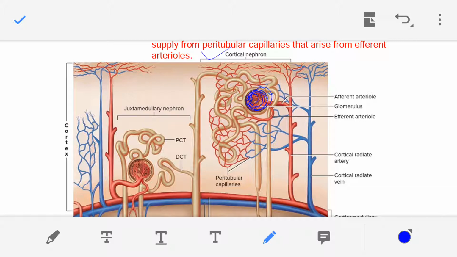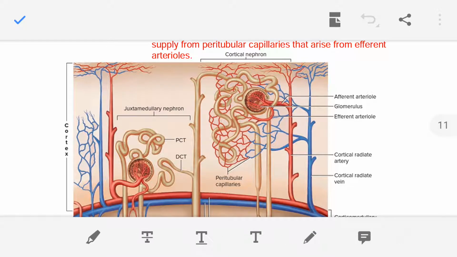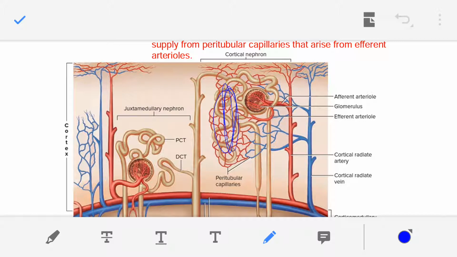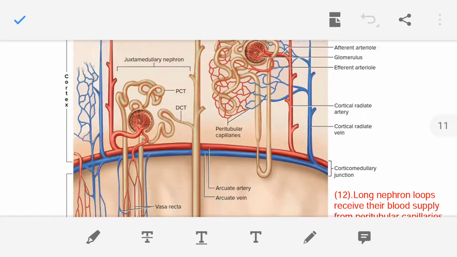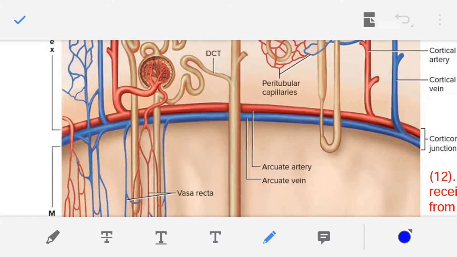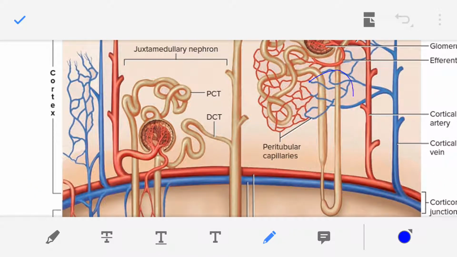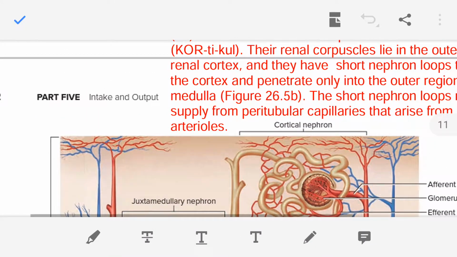We are discussing the cortical nephron, and this is the renal corpuscle, right? Then this portion is the PCT, this part is the DCT. So the renal corpuscle, PCT, DCT, all this region is present in the cortex. Now of the nephron loop, only a small part extends into the medulla, and most of the renal tubule, as you can see, is present in the cortex region for the cortical nephron.